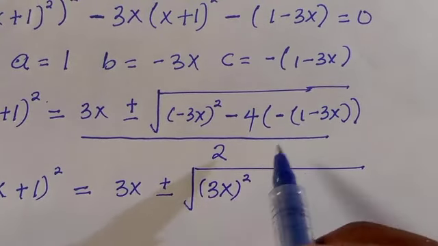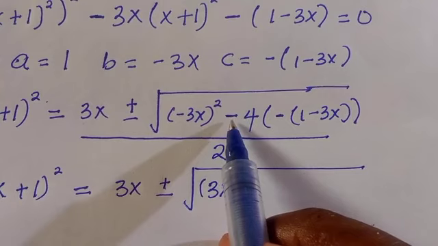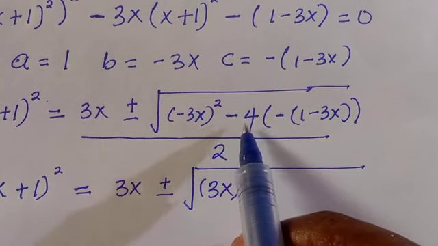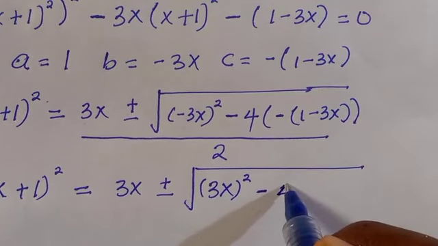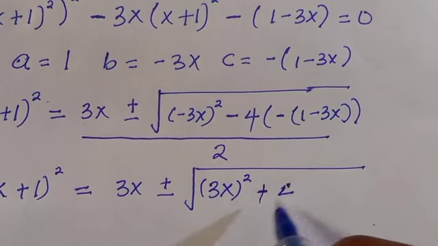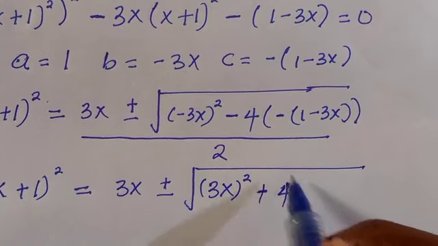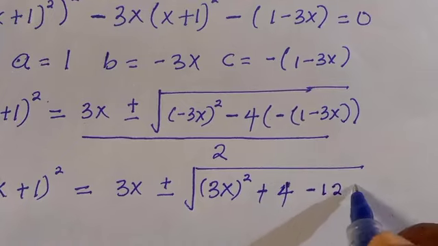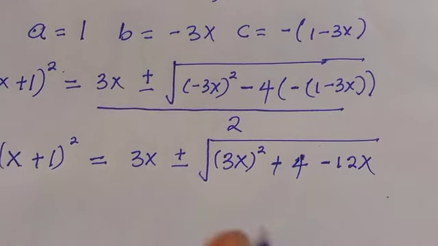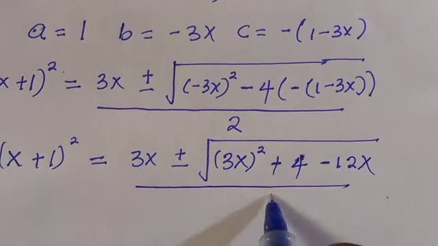And here, minus multiplied by minus gives plus, and 4 multiplied by 1, that is minus, that is going to be plus 4, and 4 multiplied by minus 3x is minus 12x. So everything divided by 2.